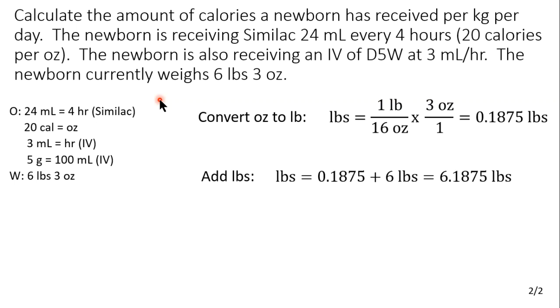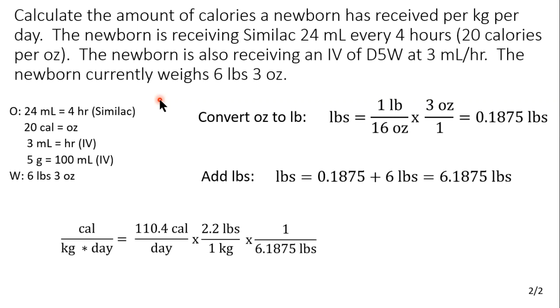Now we have the weight as a single number. We can plug it into the formula. We are looking for calories per kilogram per day, and we already have the calories per day, so we add that, 110.4 calories over day, times, we want kilograms, so we add the conversion factor, times 2.2 pounds over 1 kilogram, times the weight of the patient.